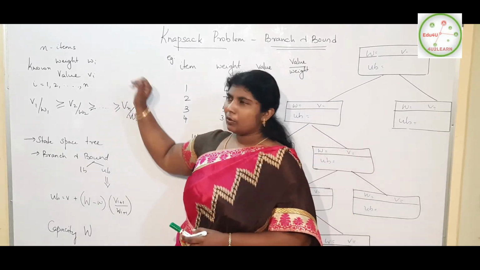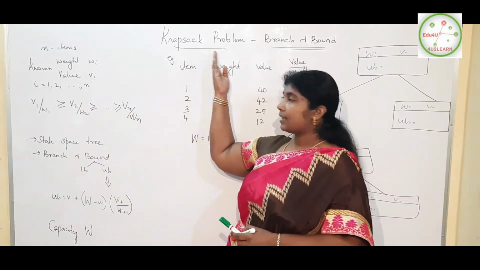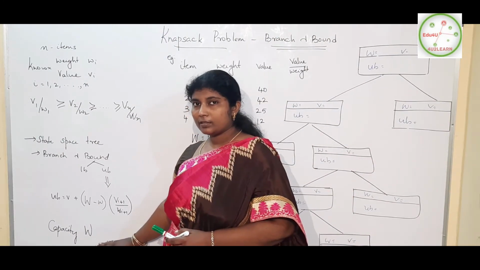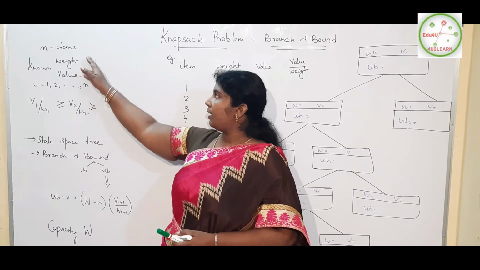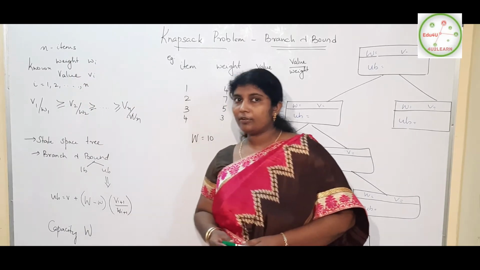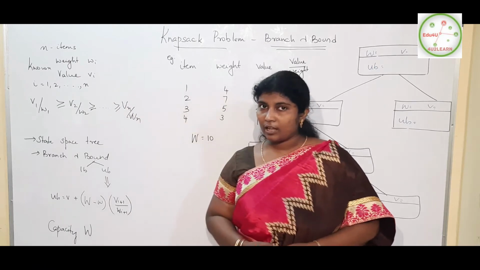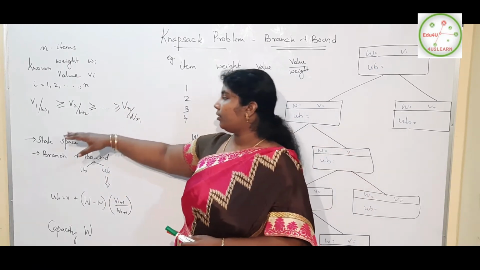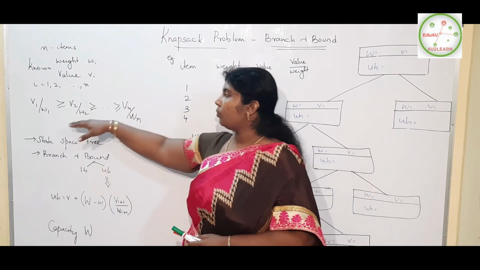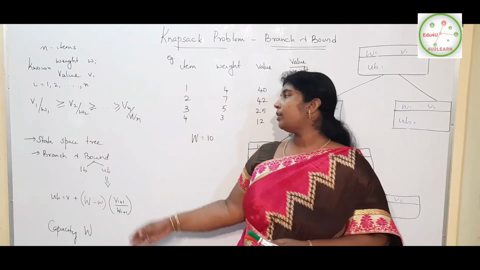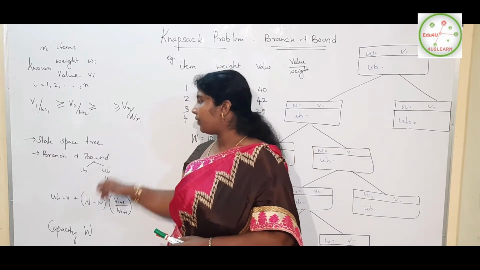Okay, so we know these things. In the knapsack problem we have a sack, a container with capacity W, and n items available in the real world, and we know the weight and the value of each item. For branch and bound, we arrange them so that the first item has the larger value ratio and the last item the smaller.